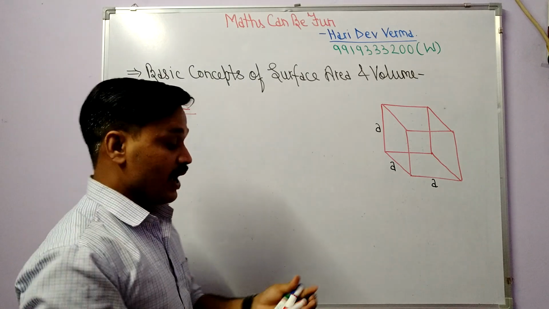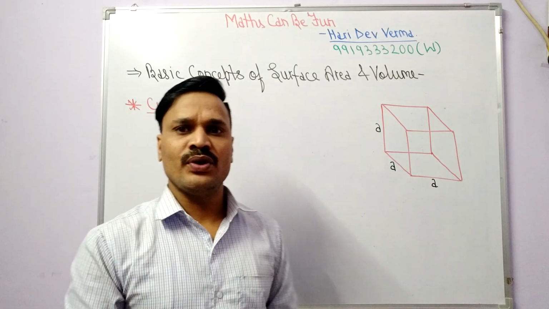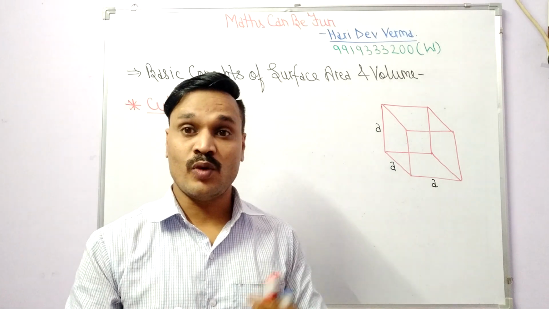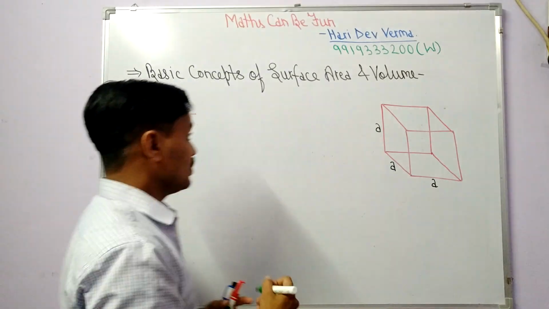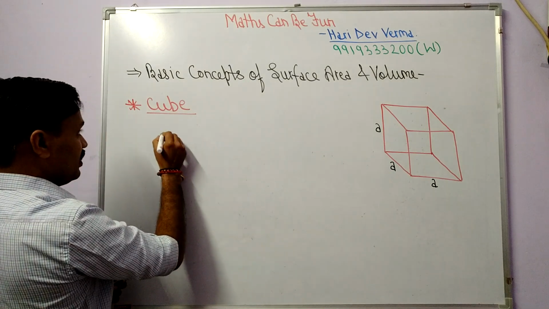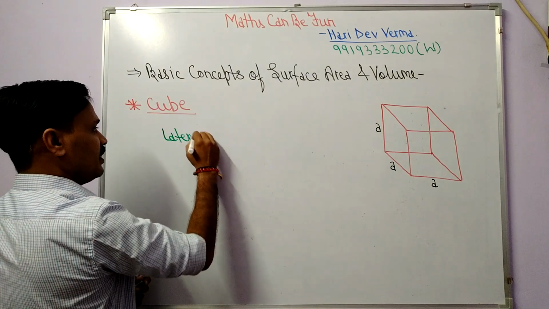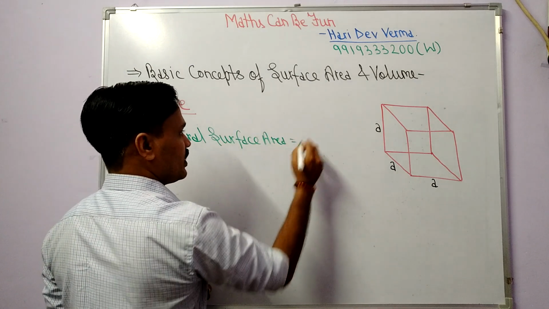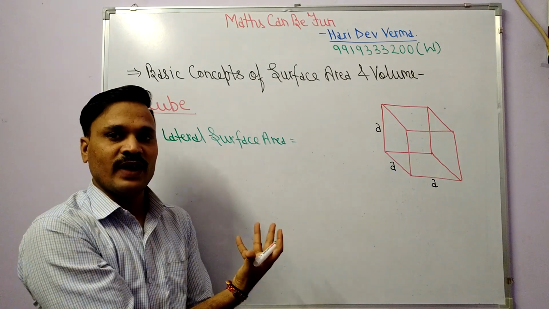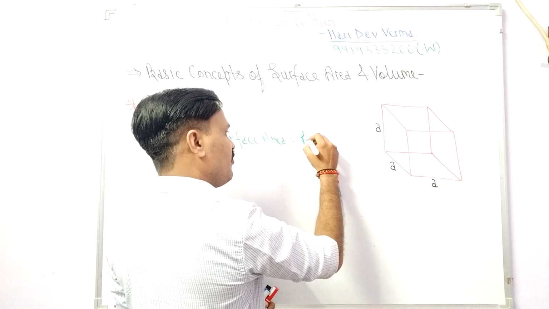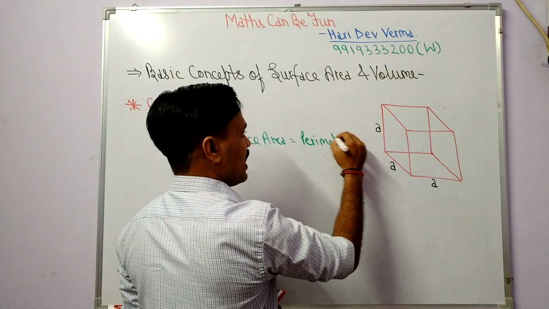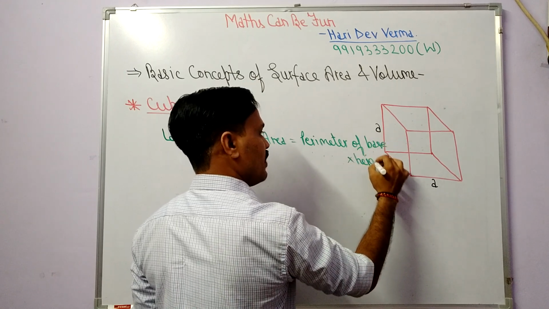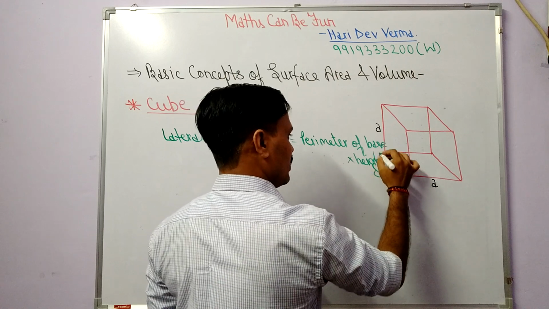As I told you, the evergreen formula in the first video. If you have not seen my first video, just go through that video and see what evergreen formula I discussed there. So now I'm going to write it again. Lateral surface area: when we want to find the lateral surface area of any solid, it is perimeter of base into height.